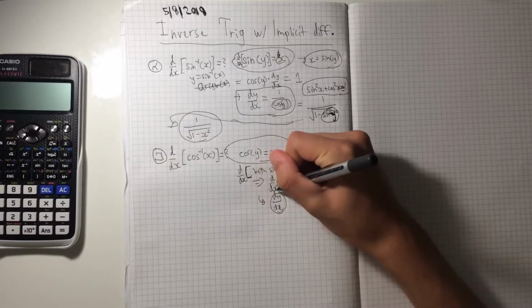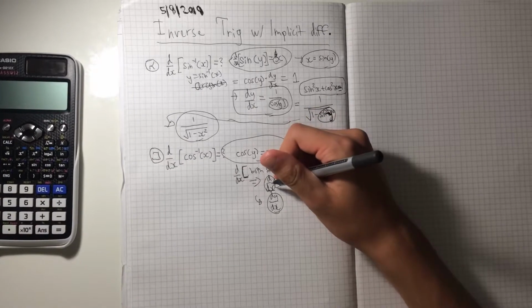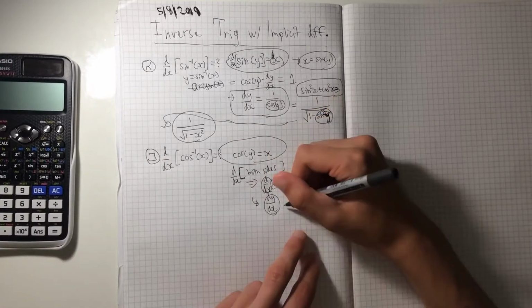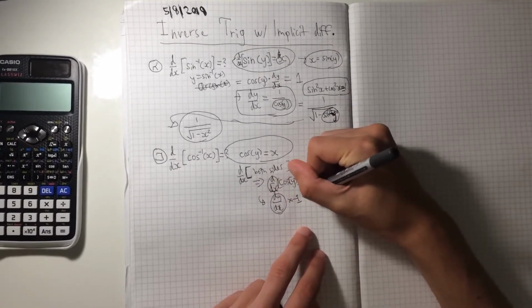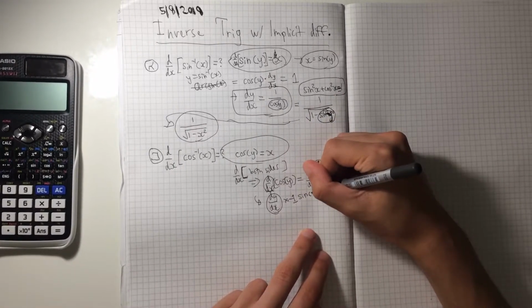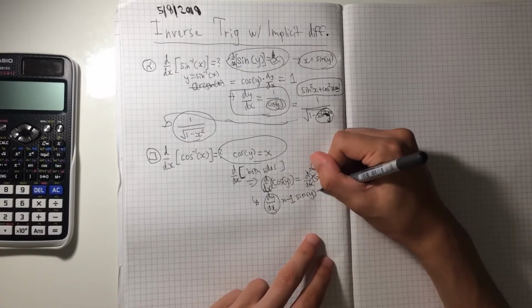Note that this is not the same thing as this. This is the derivative operator, whereas this is the derivative itself. So I'm just going to write minus sine of y times dy over dx, and then that is equal to 1.